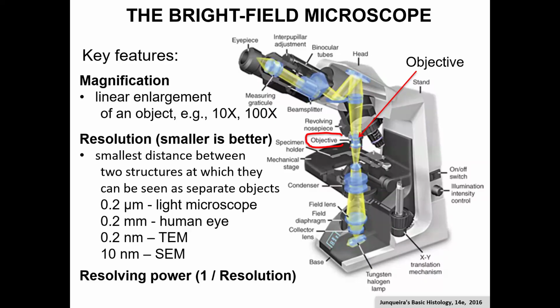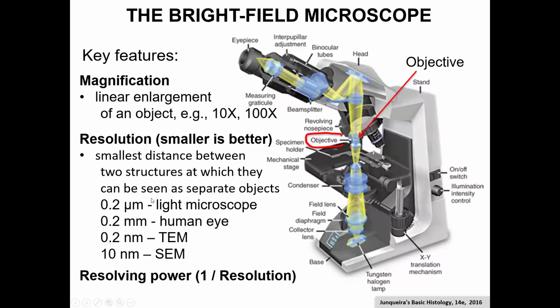The best resolution obtainable with visible light is 0.2 microns. The 0.2 microns is the smallest distance that two structures can be apart from each other so that they can be seen as two different structures.